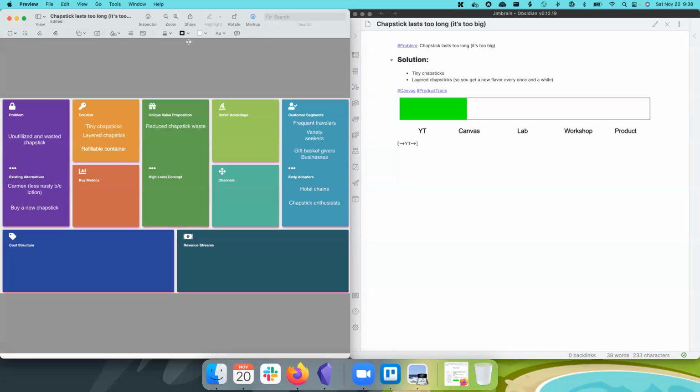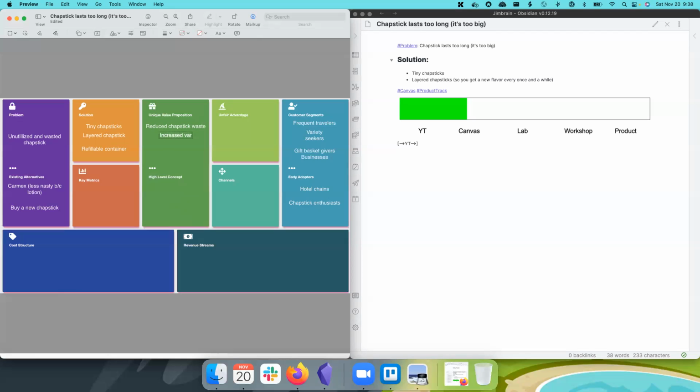Yeah, that's possible. I was imagining a stone container. All right, so reduce chapstick waste, but not really. The waste of chapstick is not the real problem here.